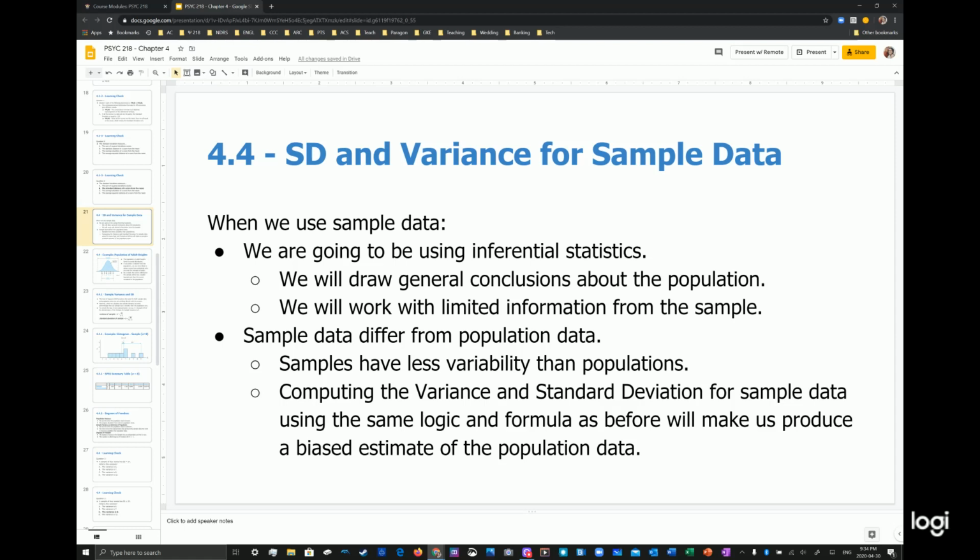More likely, we are going to work with sample data, and we have to deal with something called sample bias or sampling error, because again, when we grab a sample from populations, we're not getting everybody, and the best we can do with the sample is to get a sample that is representative of the population. That is through techniques like random sampling, where everyone in the population has an equal chance of being selected.